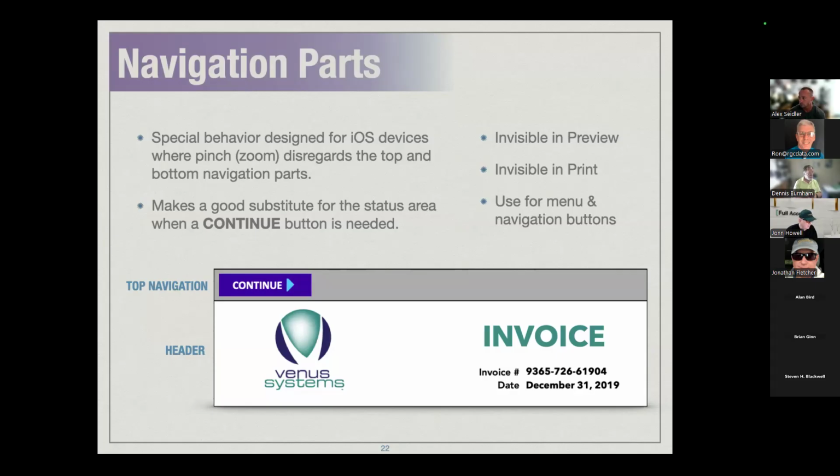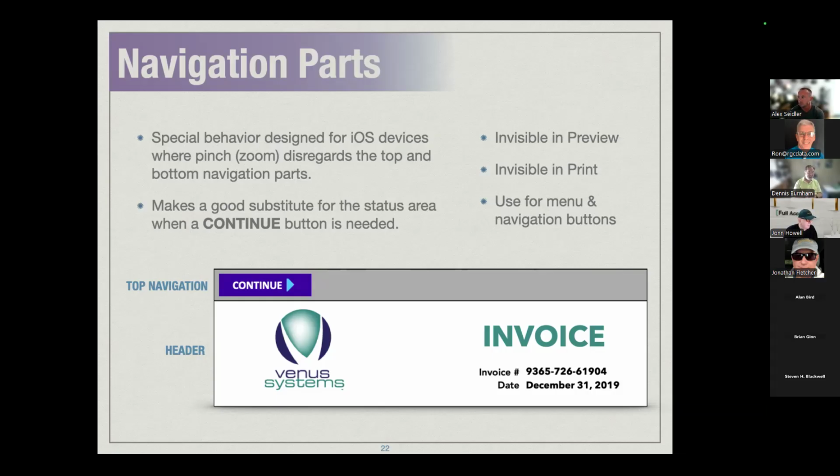If I can put something like the continue button that appears when you're in a script that pauses in the top navigation area, I don't have to expose the status area for somebody to see that continue button. It's a mistake that I've made very often where I have forgotten that the user can't see the continue button, and they're running a script and all of a sudden it pauses and they don't know what to do, so they force quit their way out of the app.